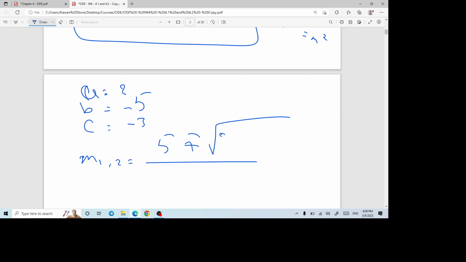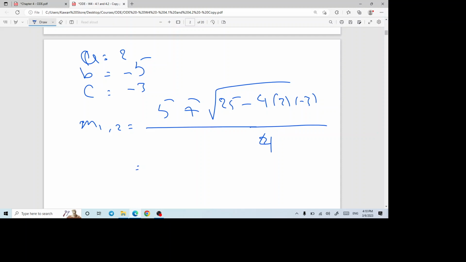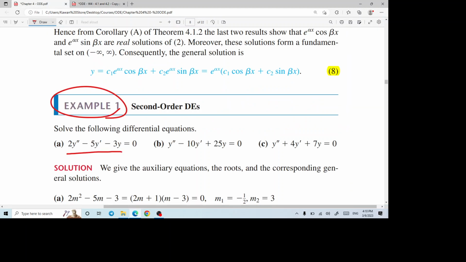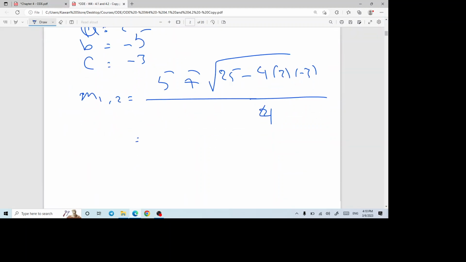The square root of b squared, minus 4ac, you are right, well done, 4 times 2 times minus 3, over 2a, 4. And the result will be what? For example, we get m1 equal to minus 1 over 2, and of course m2 is 3. So we will get these two results.